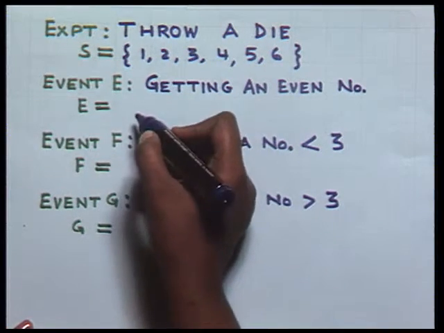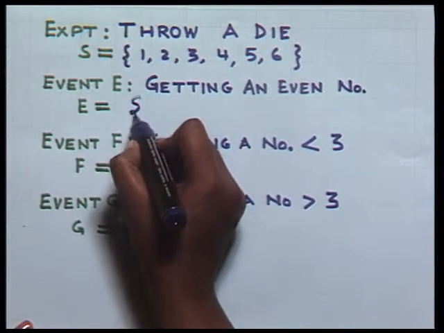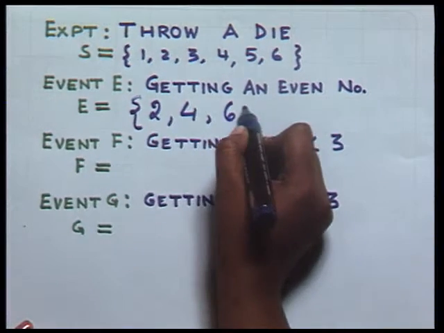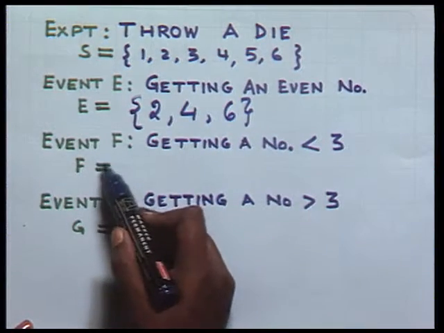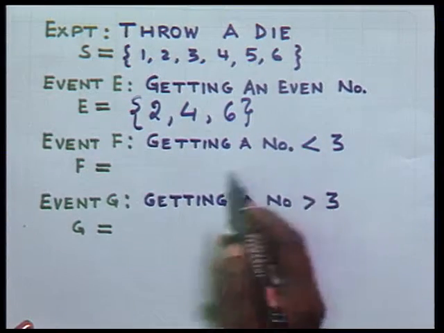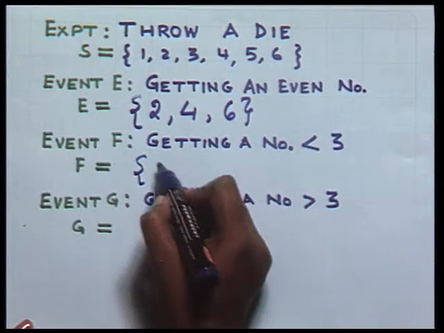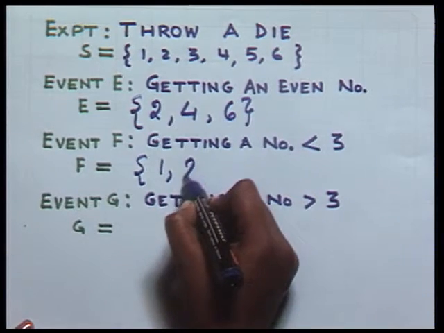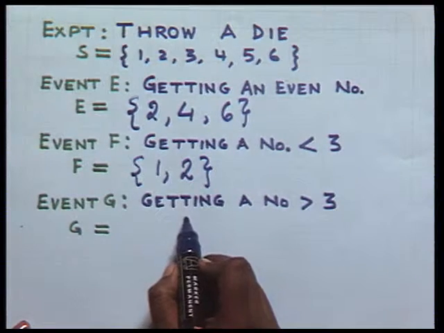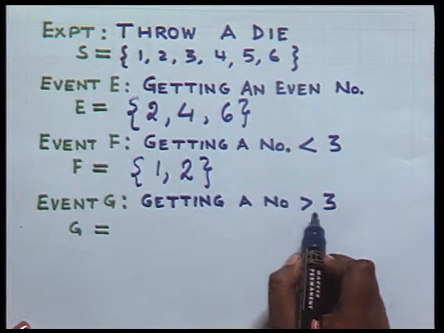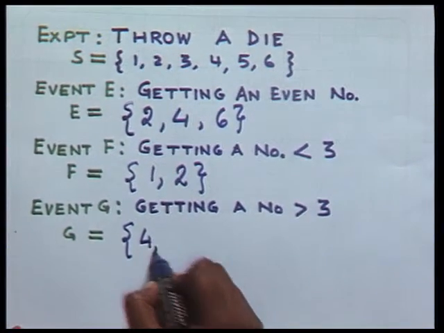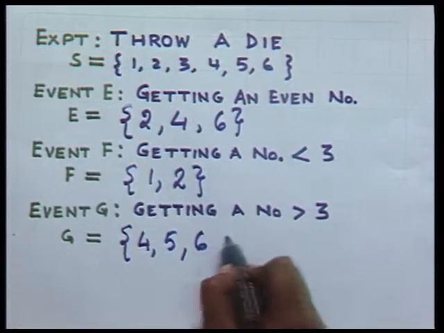If we define this event as E, then it has the favorable outcomes 2, 4 and 6. Another event F may be defined as getting a number less than 3. So, it will have the outcomes 1 and 2. A third event may be defined as getting a number greater than 3. So, it will have the outcomes 4, 5 and 6.